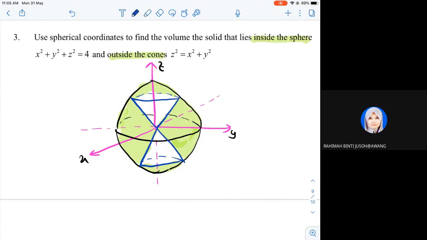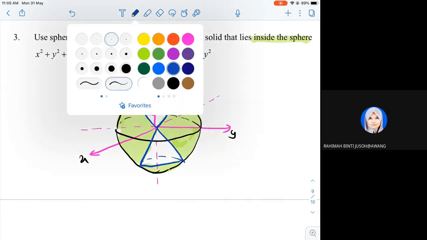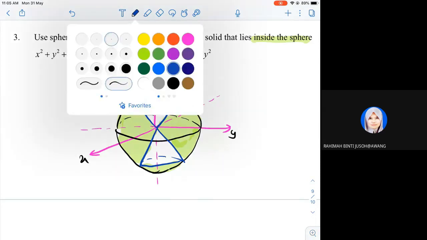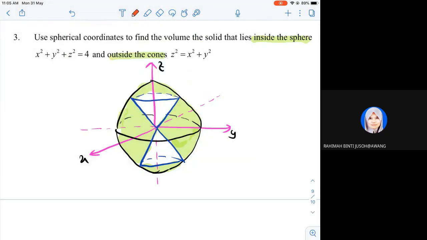Because you see its phi here, guys. I don't want blue, let's say I use red. So this is your first phi for the limit and this is the second phi. Okay, because we want the region that is outside the cones.